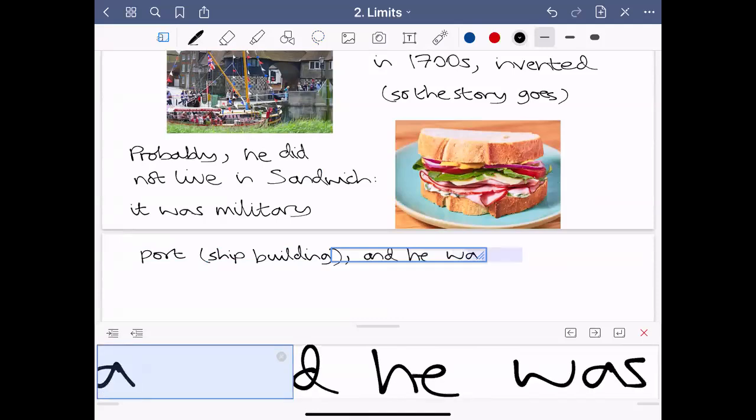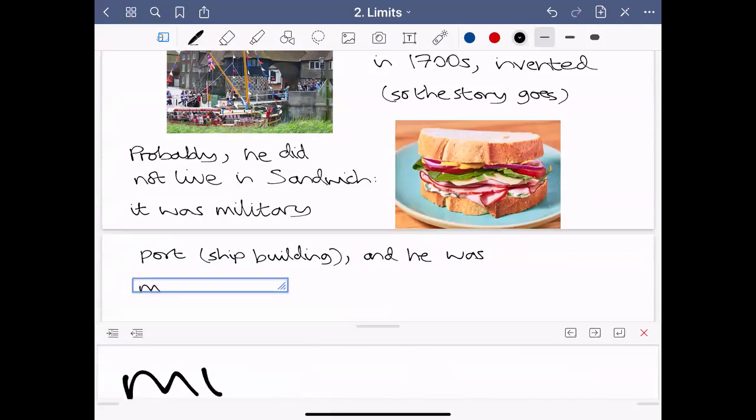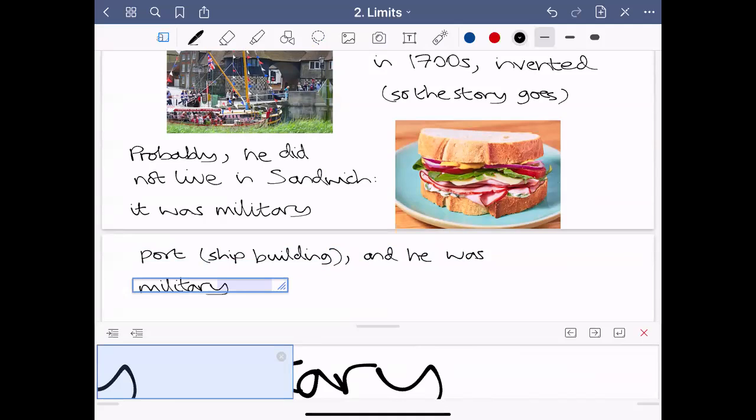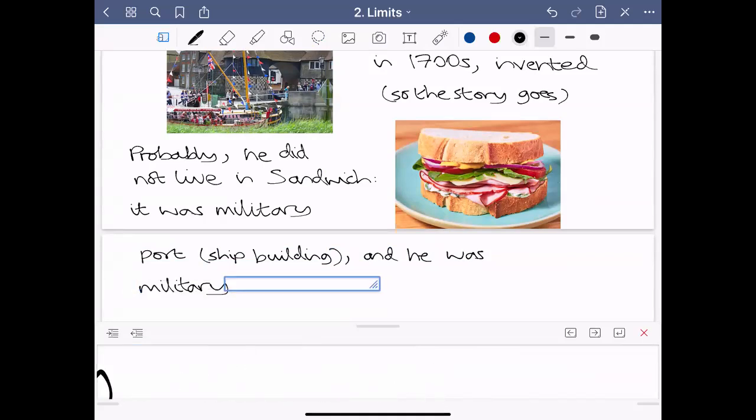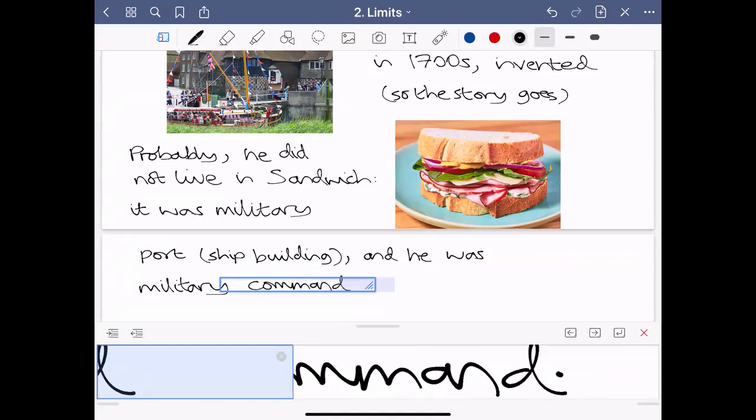And he was a military commander. But the idea is he was so busy that he couldn't have a relaxed, normal meal, so he would just have something between bread. Yes. Okay.